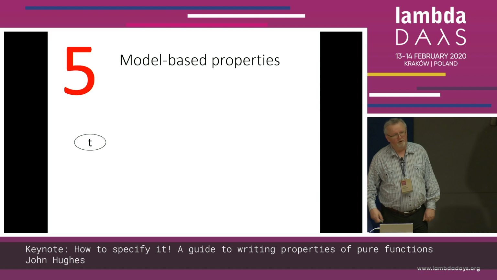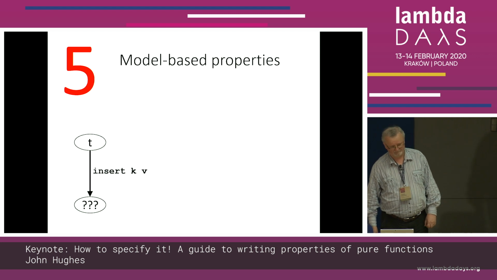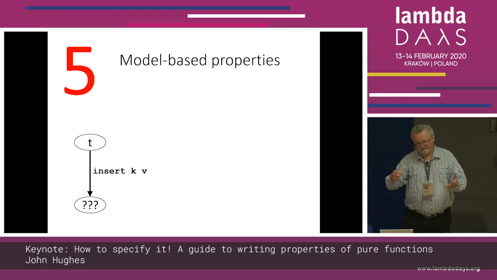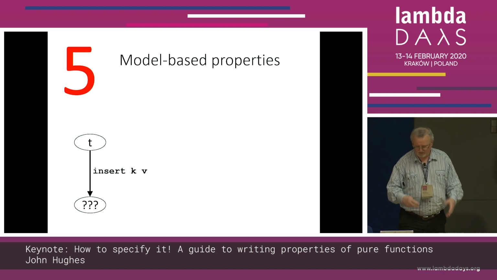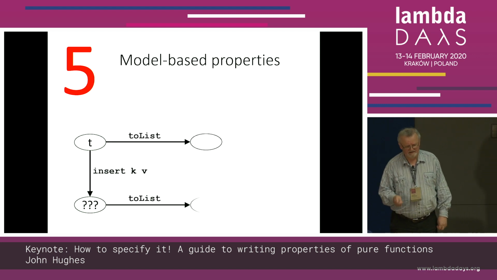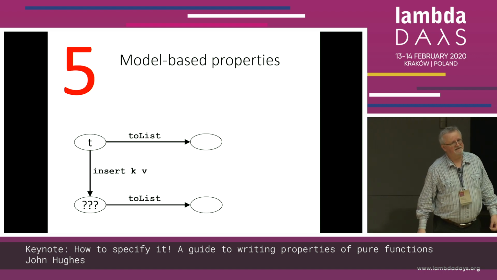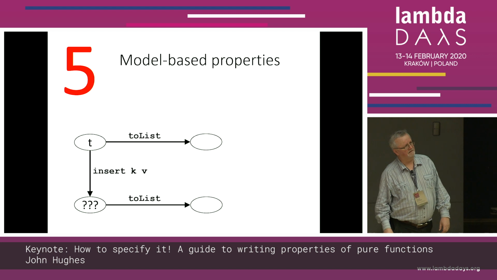There's one more kind of property I want to show you. They're extremely useful. And they're what I call model-based properties. So once again, suppose we have a tree, we want to test inserting into it, and we want to verify that somehow the result is correct. How can we do that? Well, one thing we can do is take the trees, these complex data structures, and convert them into something simpler.